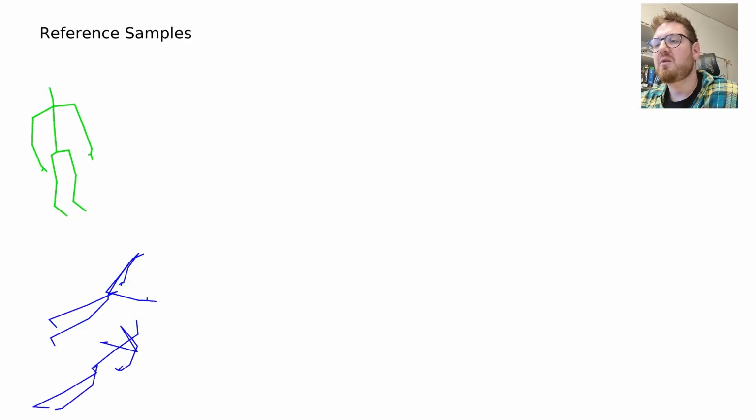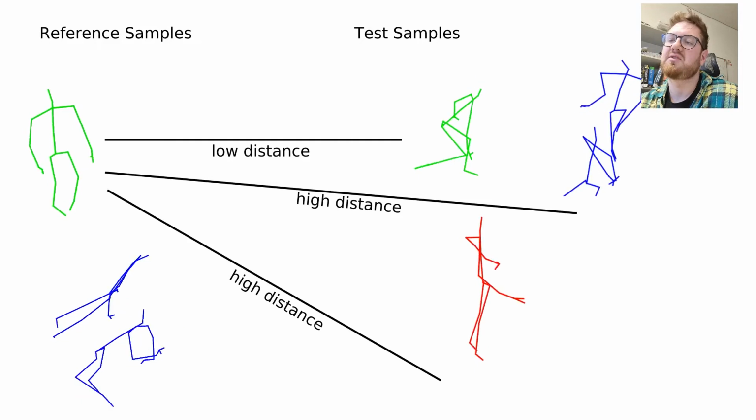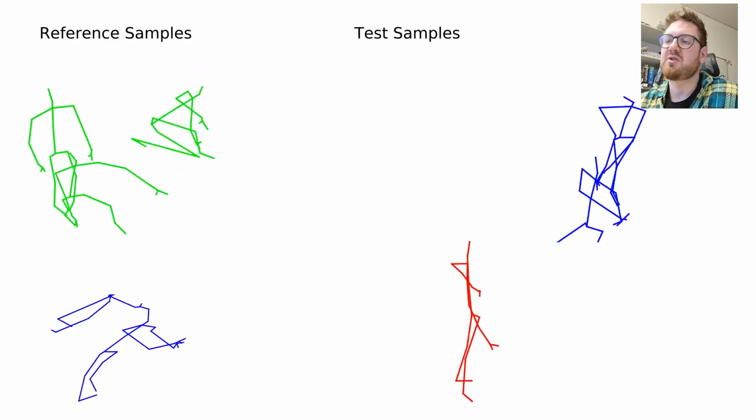At test time, given a single reference sample, similar actions can be associated by a nearest neighbor search in embedding space. This is how this can be visualized.